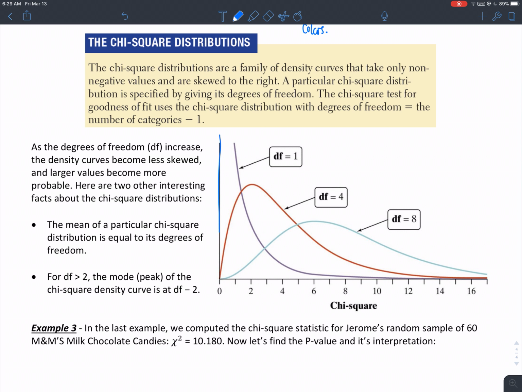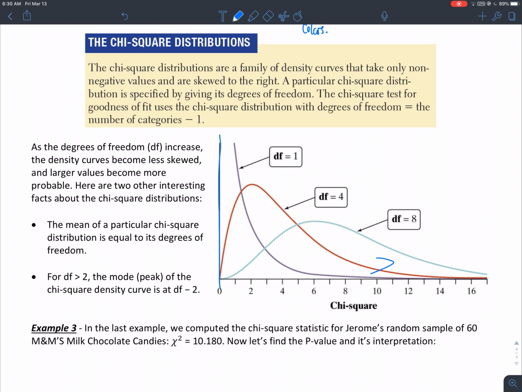The smallest chi-square value I can possibly have is 0, and then I get bigger values. A particular chi-square distribution is specified by degrees of freedom. Just like the t-distribution, there are degrees of freedom for each sample size, or in this case, for each number of categories of your categorical variable. And the chi-square test for goodness of fit uses a chi-square distribution with degrees of freedom equal to the number of categories minus 1.